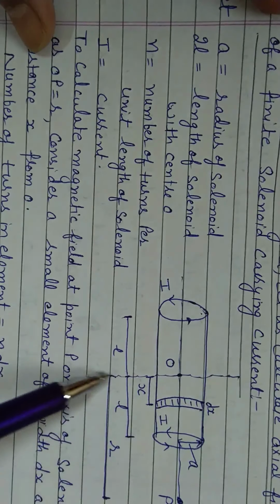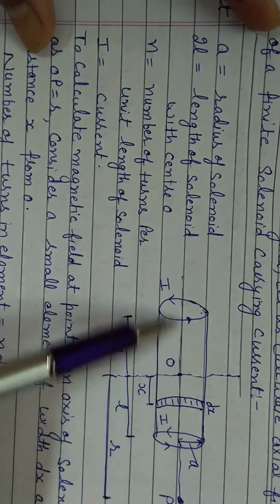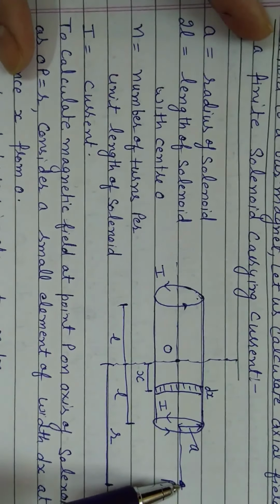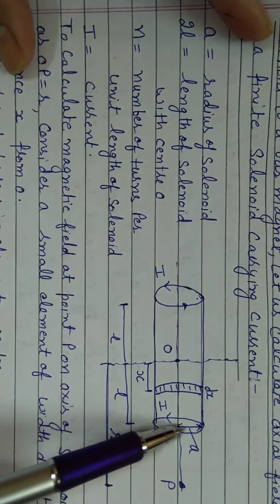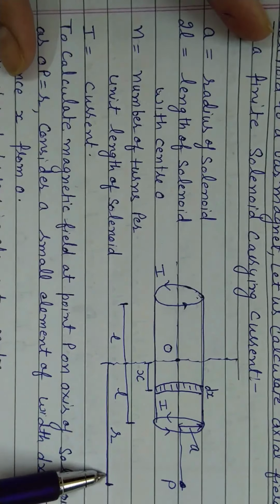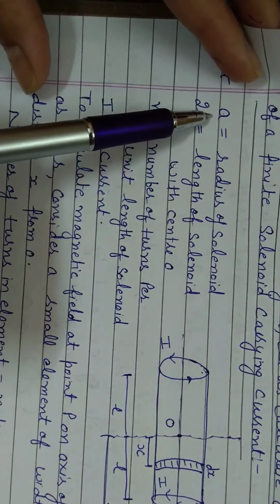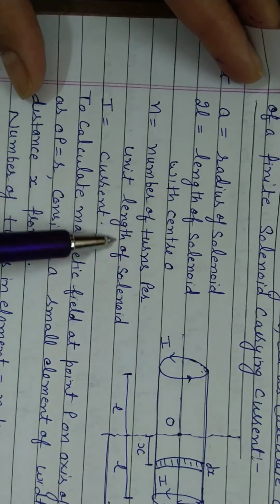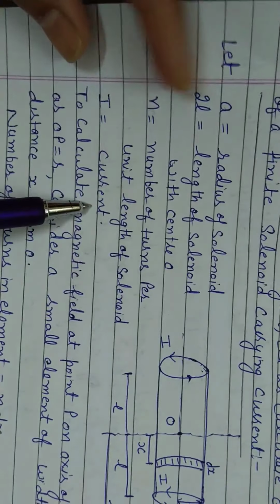This is the center, and on its axial line this point P is our observation point. a is the radius, 2l is the length, and the observation point is at a distance r. Now we take these terms: radius, length, number of turns per unit length n, and I is the current.